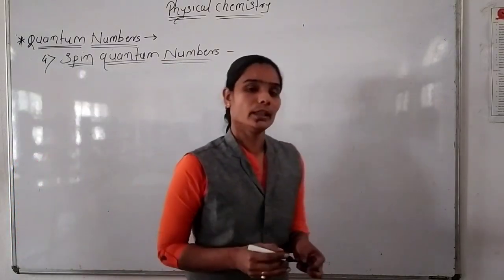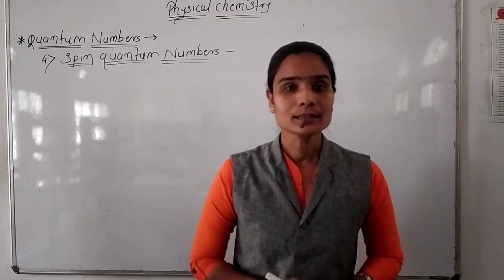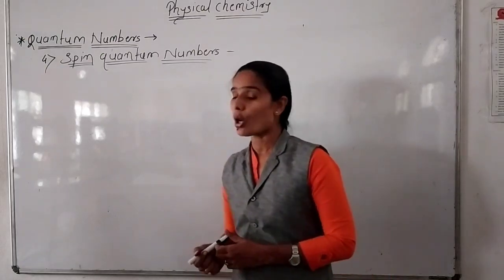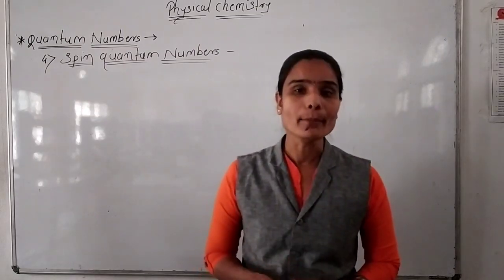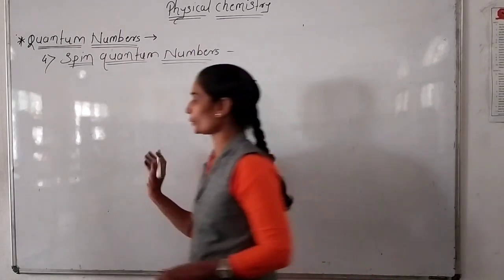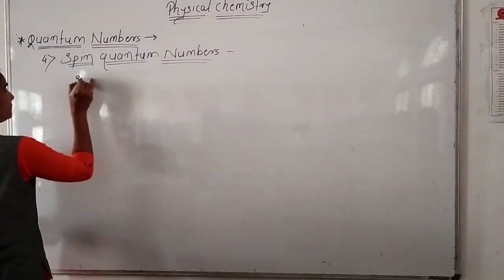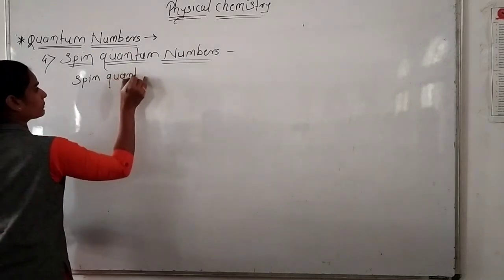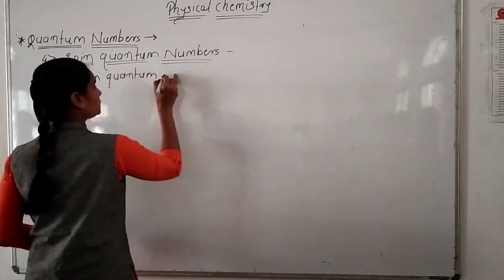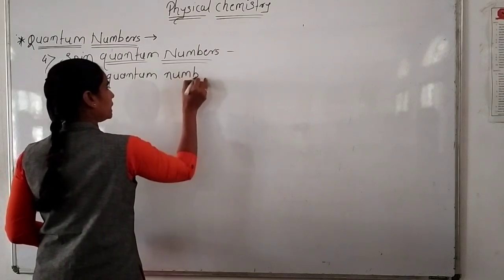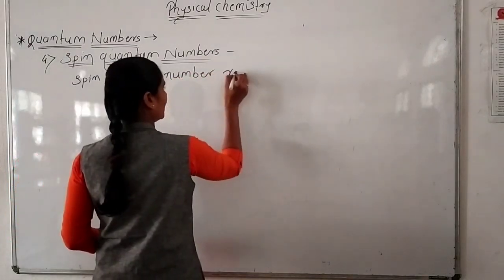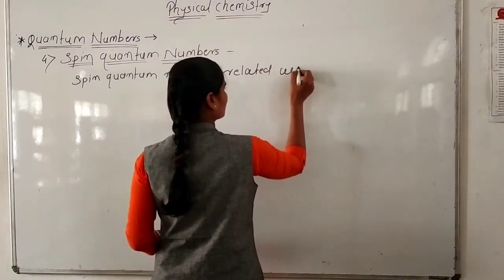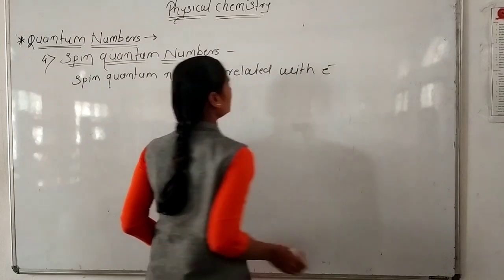Spin. This word, spin, is related with the electron. What does it mean? The spin quantum number is related with the electron.